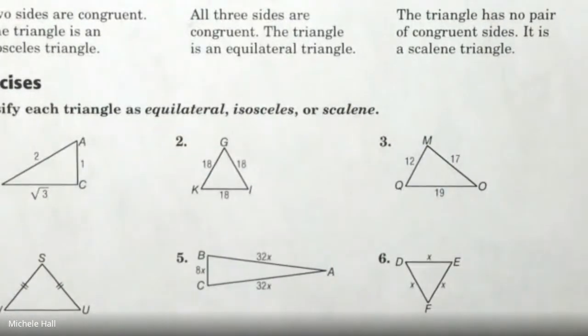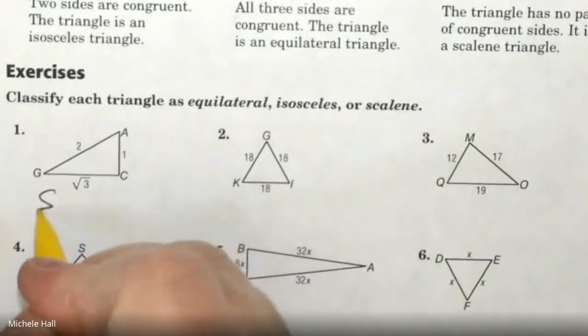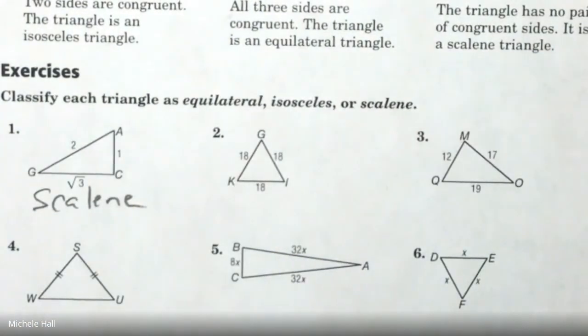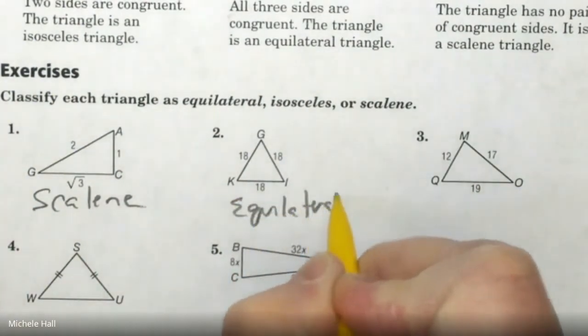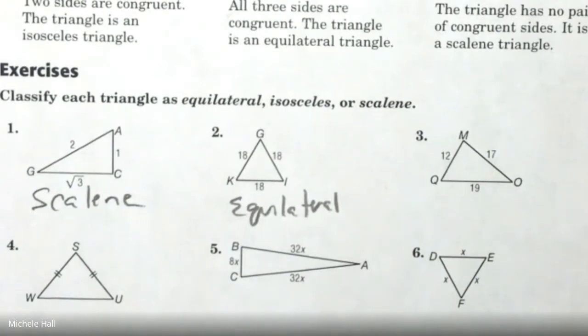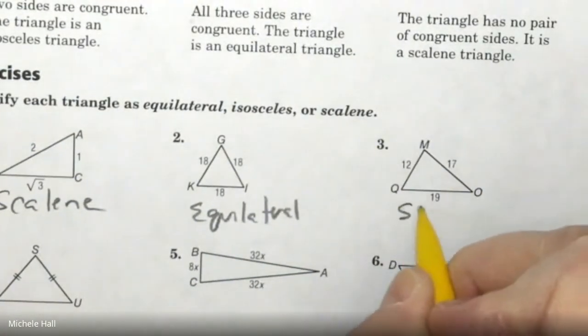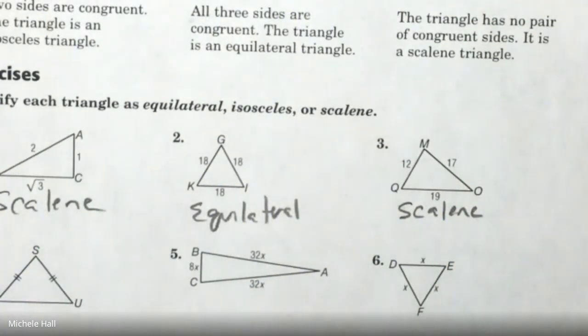Okay, triangle 1, Penny girl, what'd you get? Very good. Scalene. And number 2, Bring. Equilateral. Boston, number 3. Scalene. Thomas, number 4.